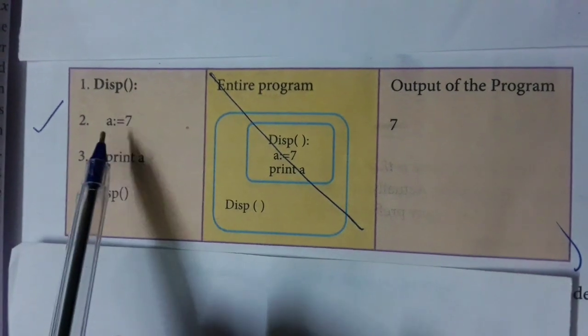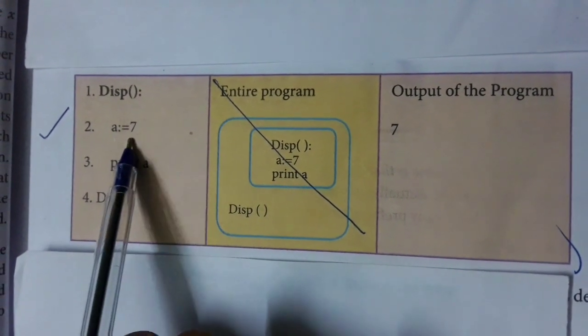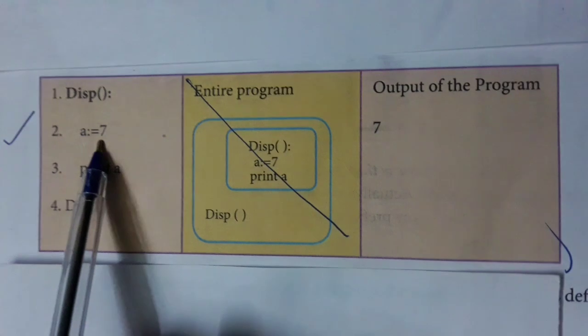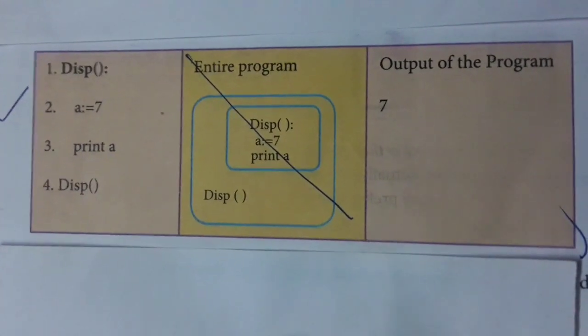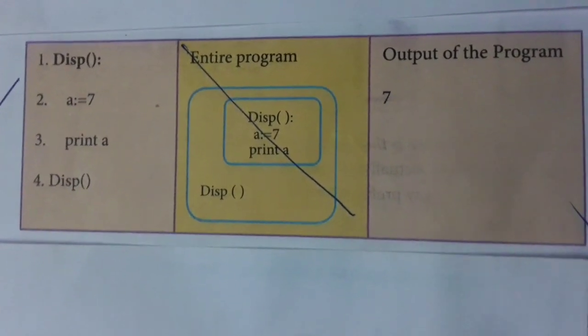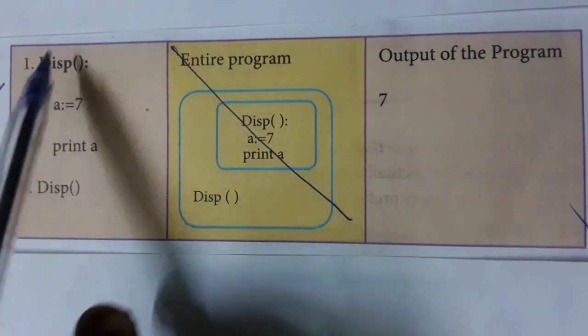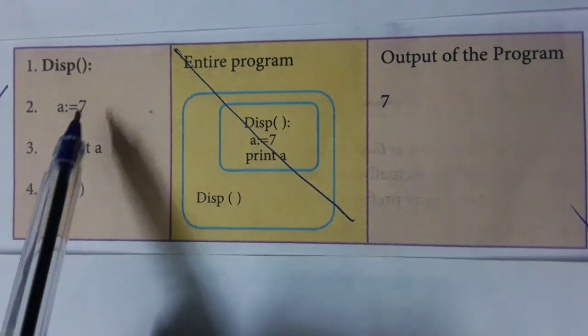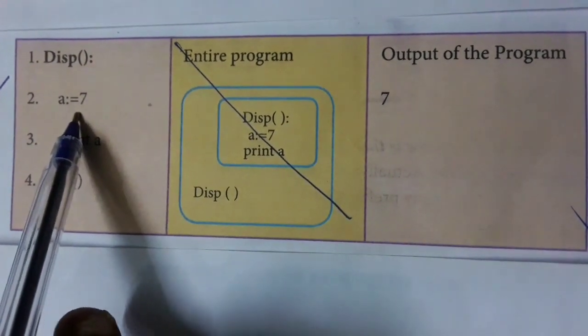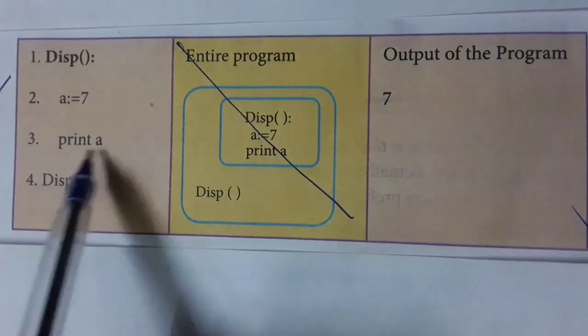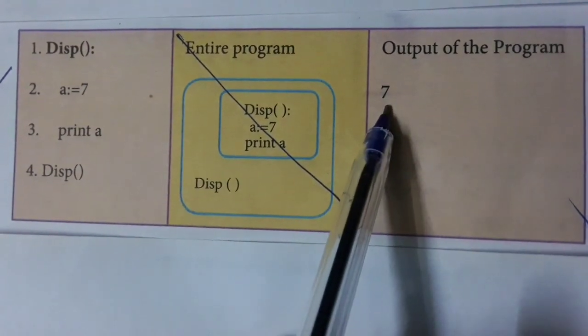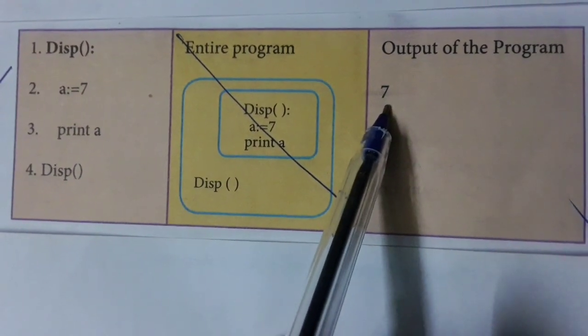Inside the function, a variable is declared with the value 7. Now, local means the innermost function will be displayed. So, when you execute the program, the innermost function will be displayed and the variable with the value 7 will be printed as output 7. This is the local scope.